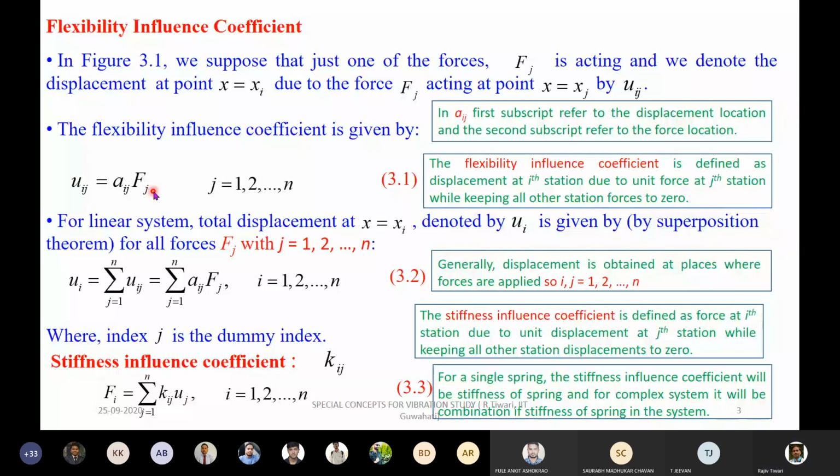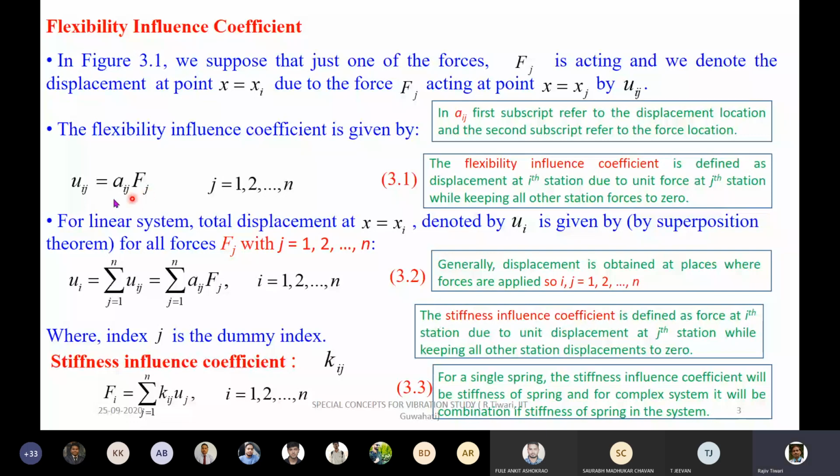Now this j location we can change from 1, 2, 3 up to n. So if there are n masses in the system, first we will apply force at 1 and find out the displacement at the ith location. Then next time we will apply force at the second location by removing the first force.